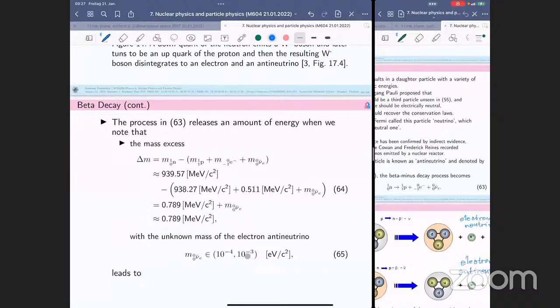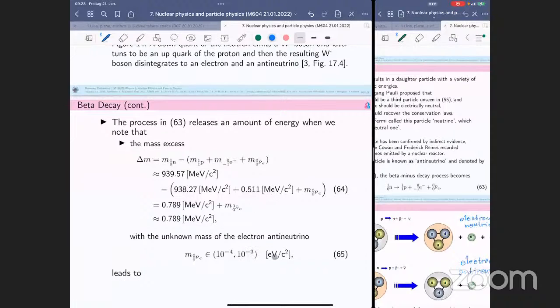Now people in the physics society believe that the mass of the electron neutrino is much smaller than the mass of the electron. You know, the mass of the electron is 0.511 mega. Okay, mega means million, but they believe that the mass of the electron neutrino is not in the mega electron volt.